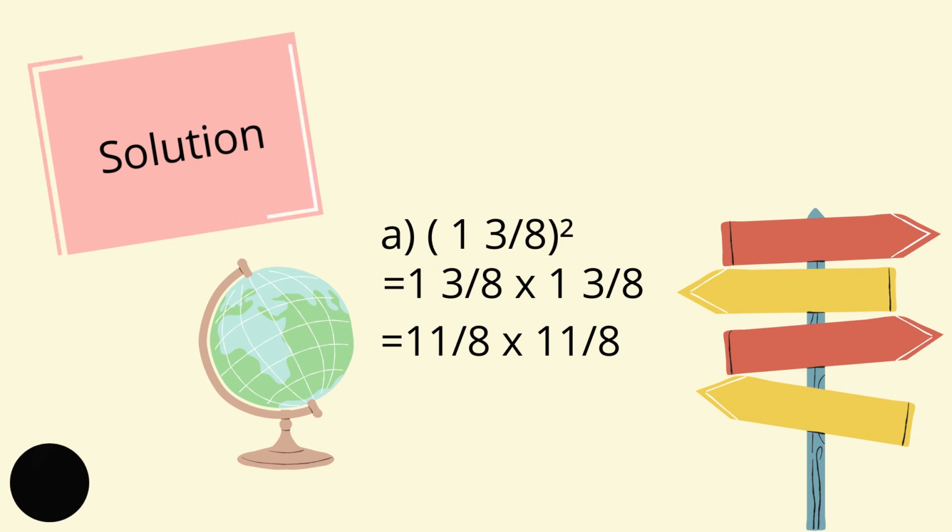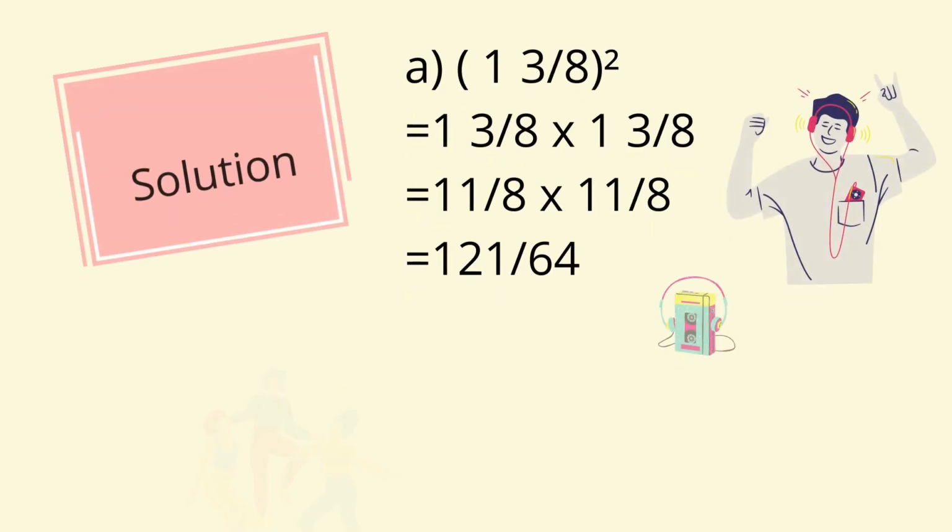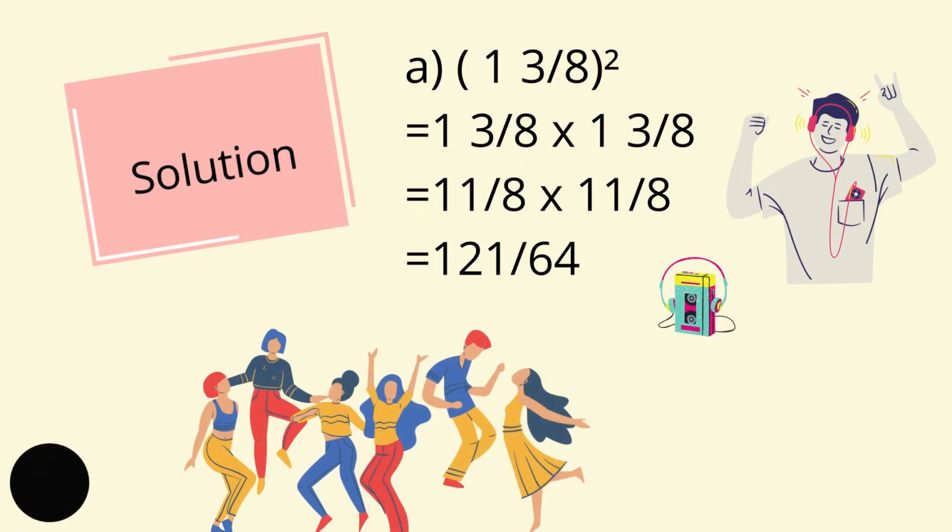Then we convert it into an improper fraction. So it's 11 over 8 multiplied by 11 over 8. 11 multiplied by 11 is 121. 8 multiplied by 8 is 64. So 121 over 64 is the final answer.